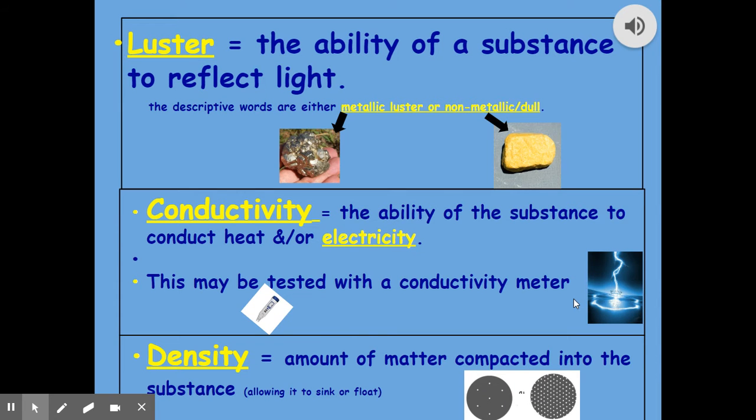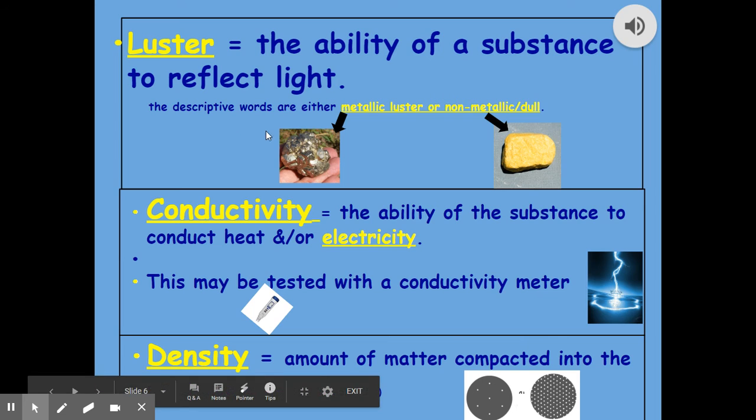So when you look at something, an example I was using is a bracelet or a ring or a spoon, and if it has the ability to reflect light, then it has metallic luster. If it doesn't, then it's nonmetallic and it's dull. And you can see here in these pictures.